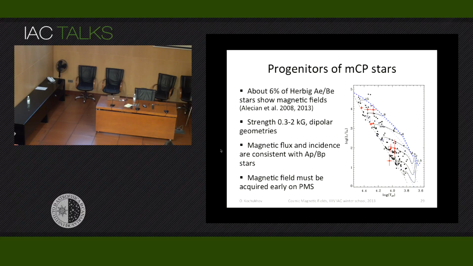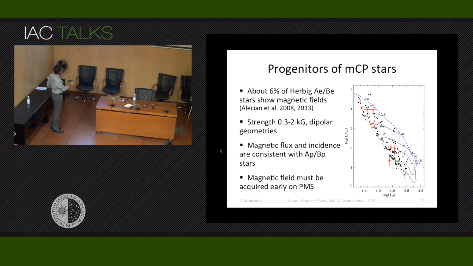Particularly these studies did that, Alecian and collaborators. And this is a theoretical HR diagram, but evolutionary tracks are now shown for the pre-main sequence evolutionary phase. So stars are moving from here to here, and this is the zero-age main sequence.